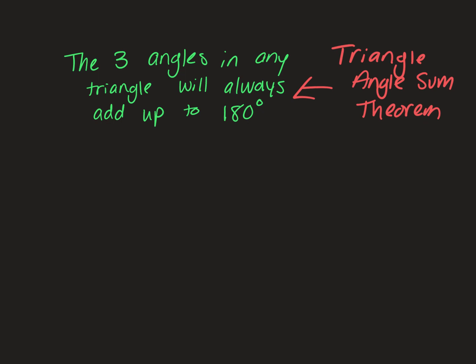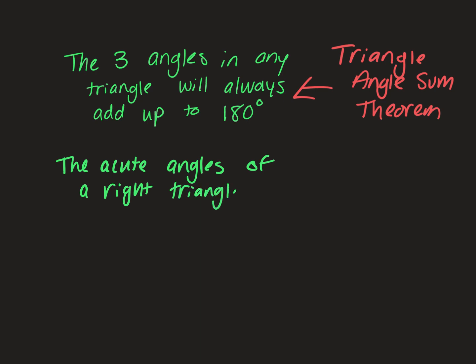Some other things we can gather from that are that the acute angles of a right triangle are complementary. So what that means is you have a right triangle, right?